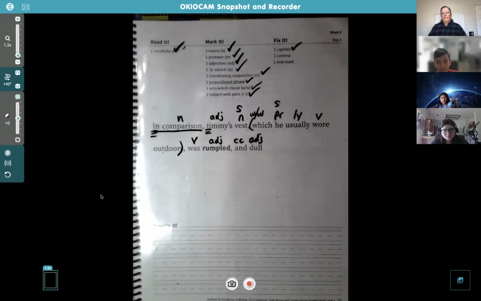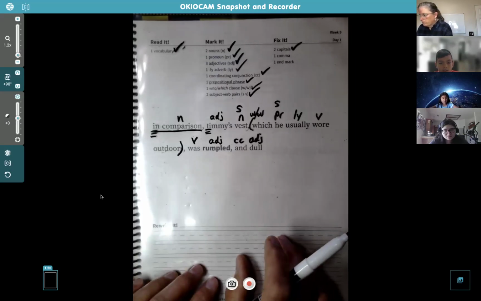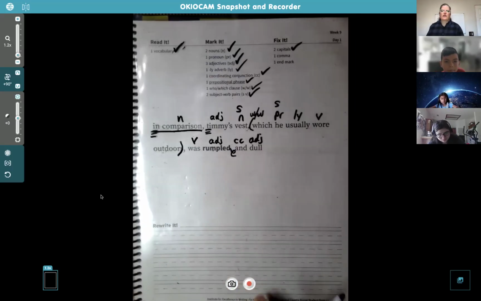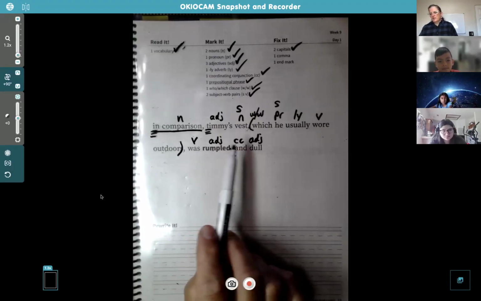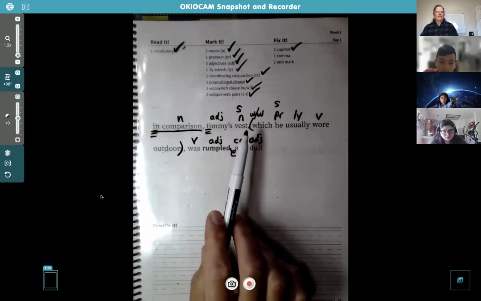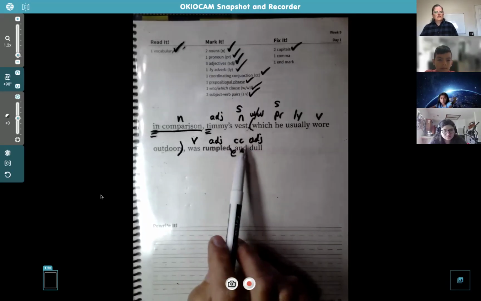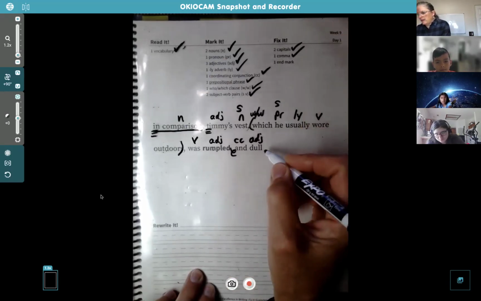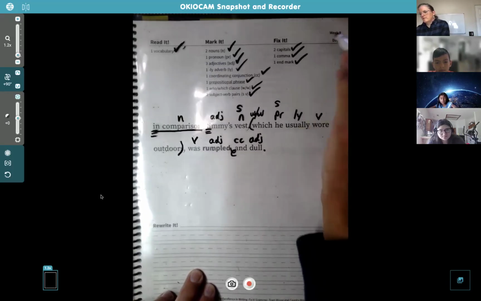Take one out. Yes, and do you know which one? Is it the one next to rumpled? Yes, it is. Very good. Because when we're listing only two adjectives, we don't need a comma. So there's two adjectives, rumpled and dull. Those are describing the vest. So since it's just two things, we don't need a comma there. Good job. And then the end mark is just a period.